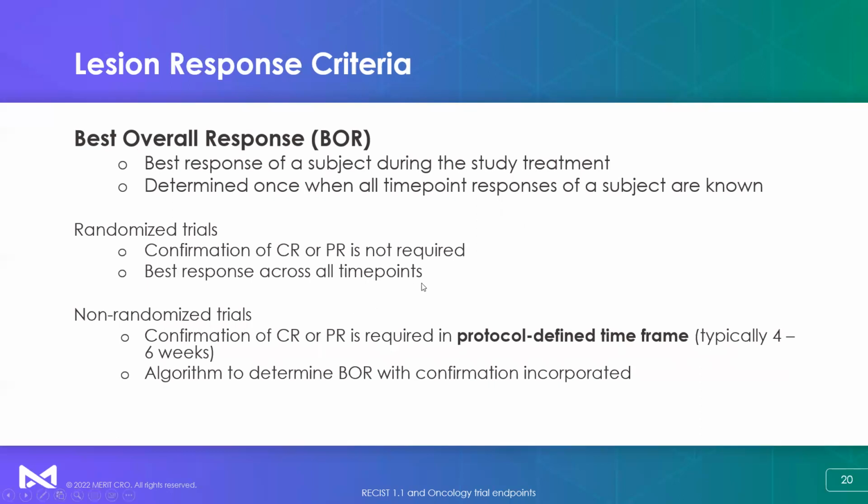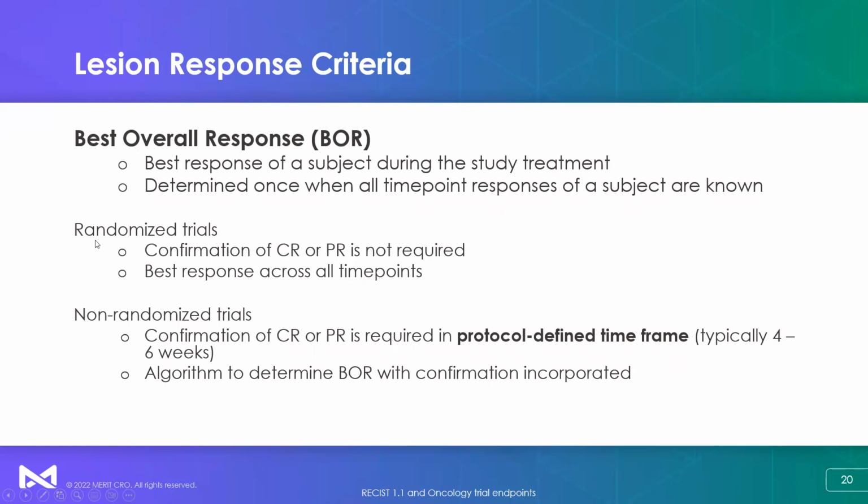And additionally, there is the concept of confirmation of response that we need to consider. Confirmation of response is to make sure that a response has occurred, such as a CR or PR, and then confirmation has to be done to see that the response has been sustained for long enough.